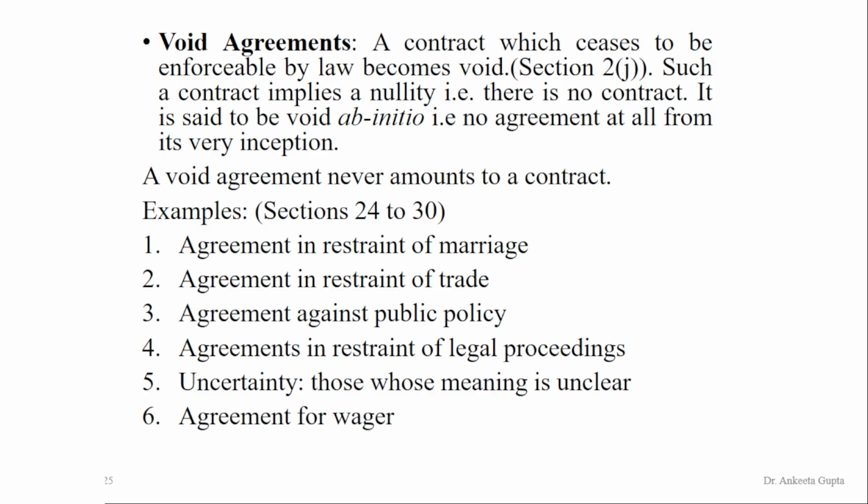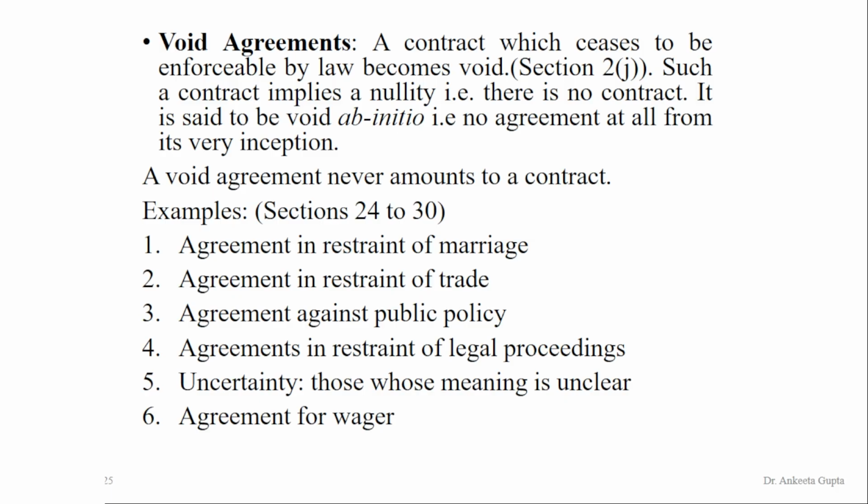Under the Indian Contract Act, there are some provisions of law which say that these agreements, under any circumstances, would be considered void agreements: agreement in restraint of marriage, agreement in restraint of trade, agreement against public policy, agreements in restraint of legal proceedings, uncertainty, where the meaning of the agreement or of the terms in the agreement is not clear, and an agreement by way of wager.